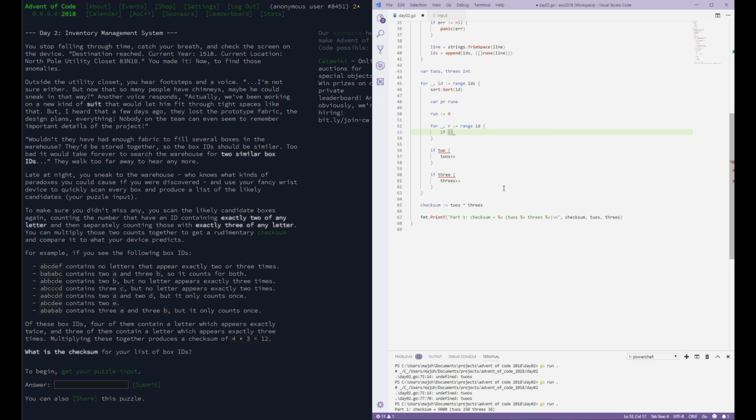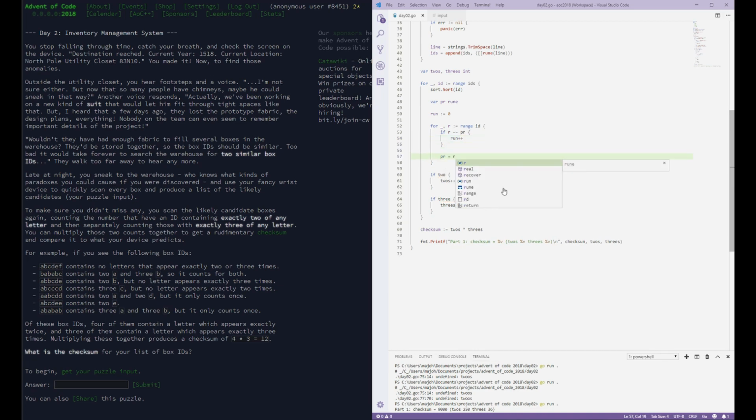If this rune equals the previous rune, then run is bigger, and the previous rune is the rune.